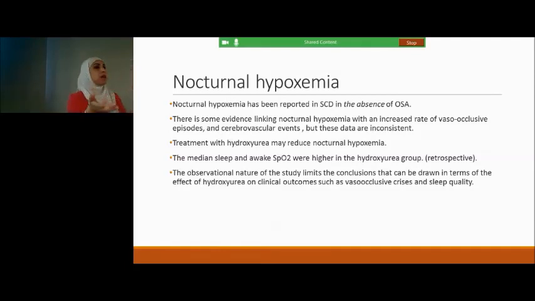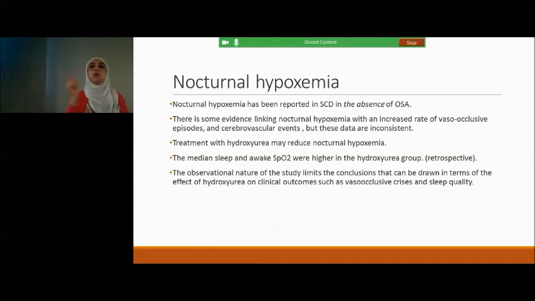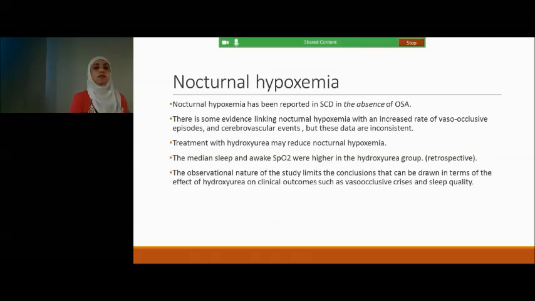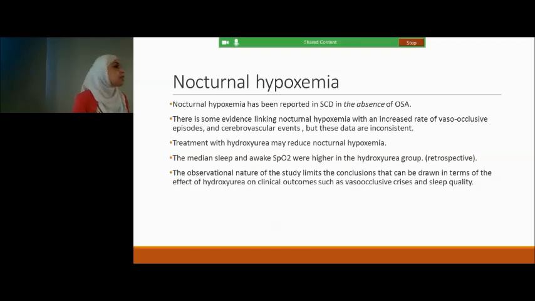Of course, unexplained or nocturnal hypoxemia was associated with increased frequency of acute chest and vaso-occlusive crises. And as we know, the treatment with hydroxyurea, as we mentioned earlier, probably has decreased the nocturnal hypoxemia that we see nowadays, and there's a positive correlation in the literature about that.